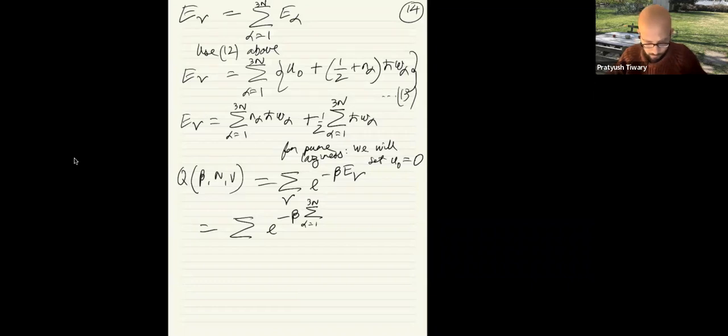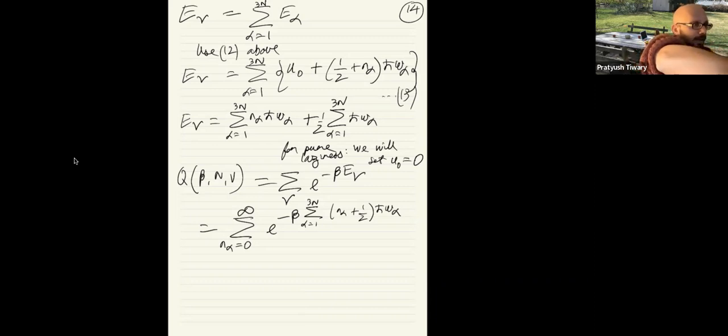But you have seen something like this earlier, so hopefully you will recognize it. This will be (n_α + 1/2) ħω_α. And instead of talking about ν, I can now talk about n_α. Every n_α can go from 0 to infinity. So in tomorrow's class, we are going to deal with this super complicated looking partition function where you have a summation of an exponential, and in the power of the exponential, you have another summation.